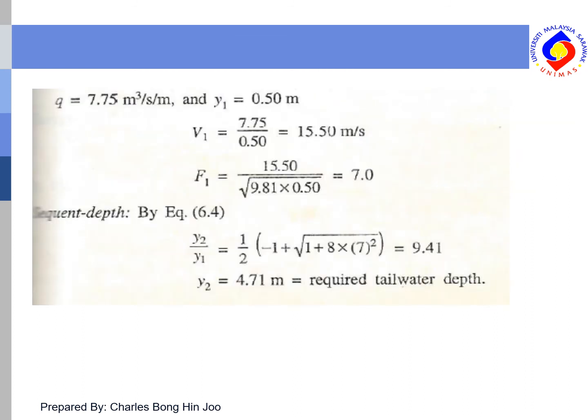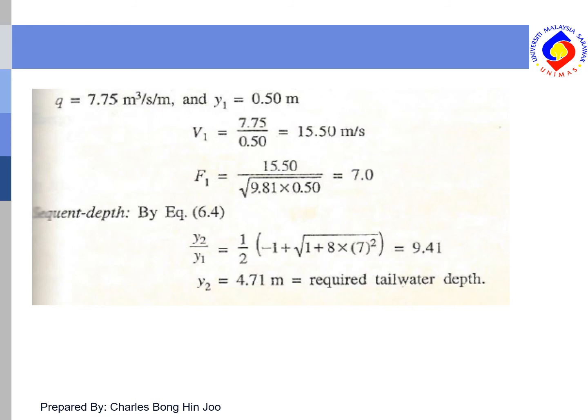So, given the questions, the q is 7.75 meter cube per second per meter, and the initial depth y1 is 0.5 meter. To find the velocity, since Q is equal to AV, V is equal to 7.75 divided by 0.5, you will get 15.5 meter per second.